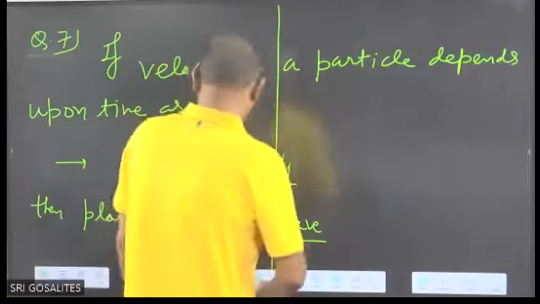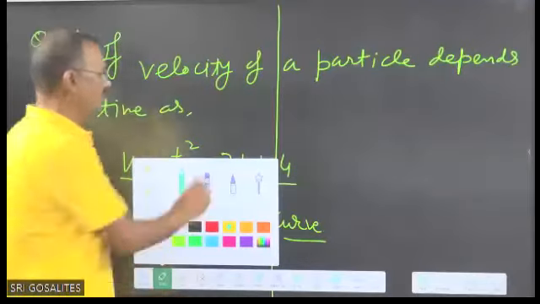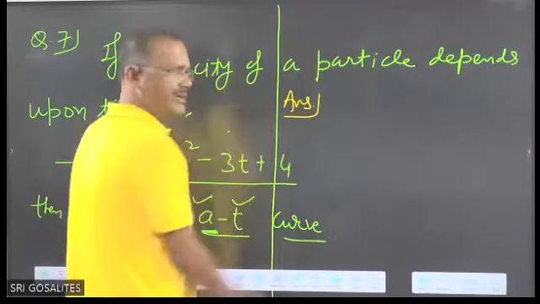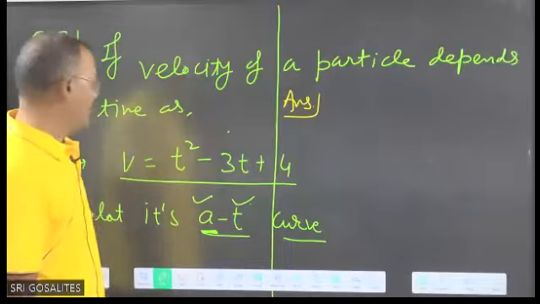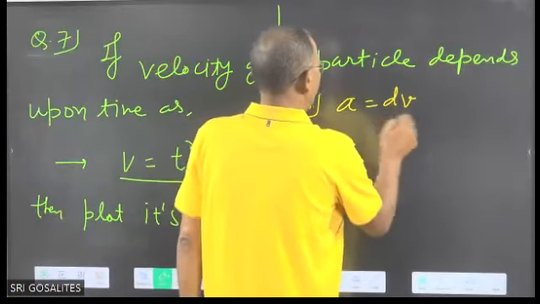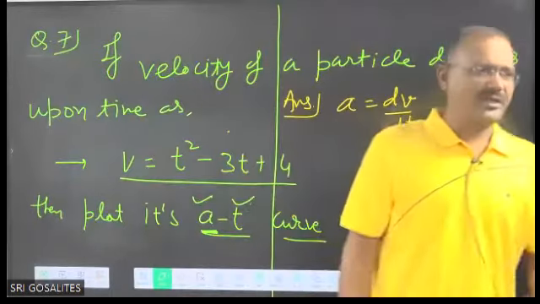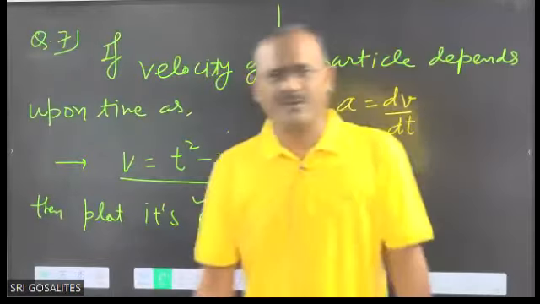Fine. So see children, how will we write this? Answer. First of all, we will write answer, because without writing it, answer will not start. So acceleration is what? You might be knowing. Your teachers in 9th and 10th standard were discussing about the kinematics, that acceleration is rate of change of velocity, children.